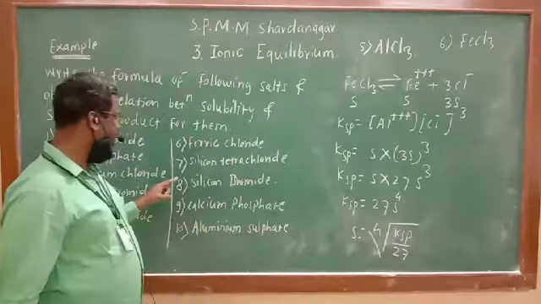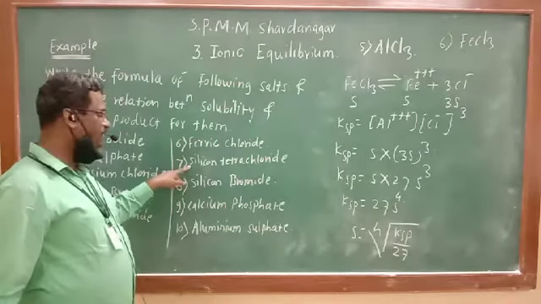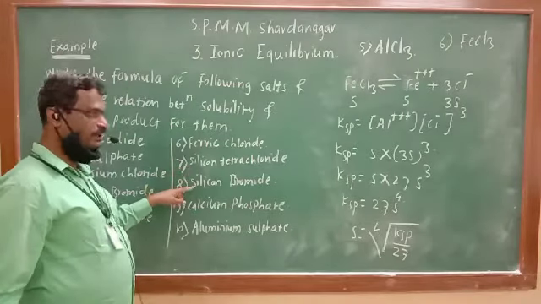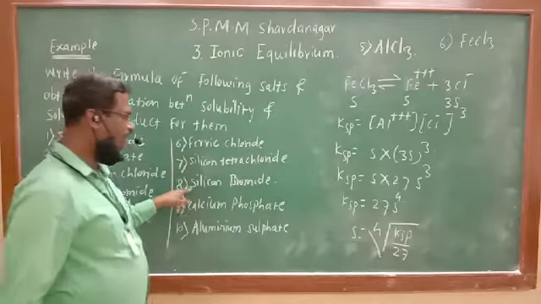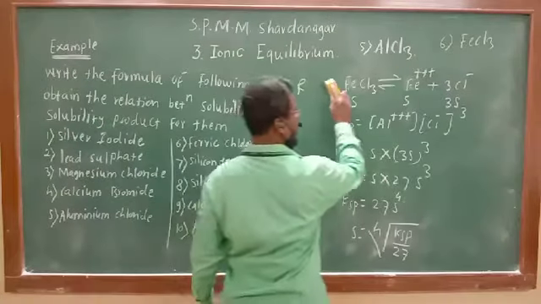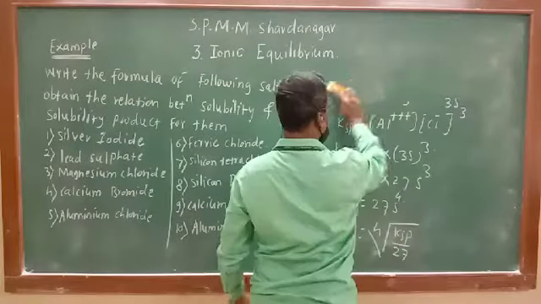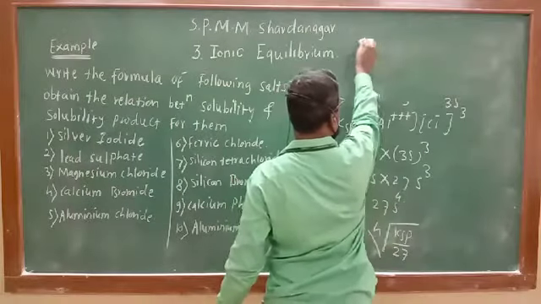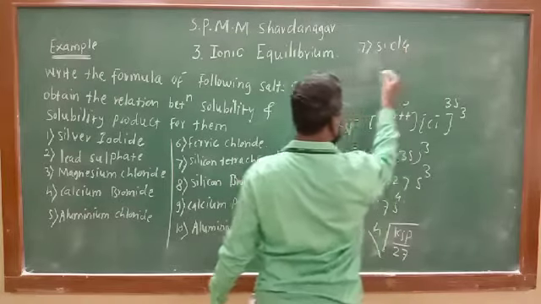Now next, salt number 7, silicon tetrachloride and silicon bromide. These two are of the same nature, same type. Silicon tetrachloride, SiCl4.